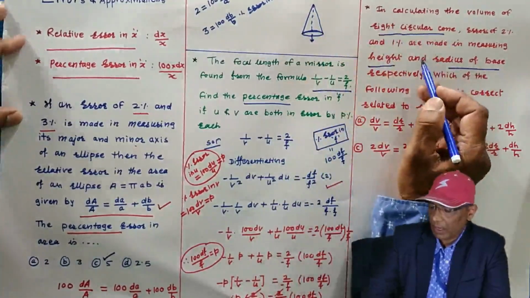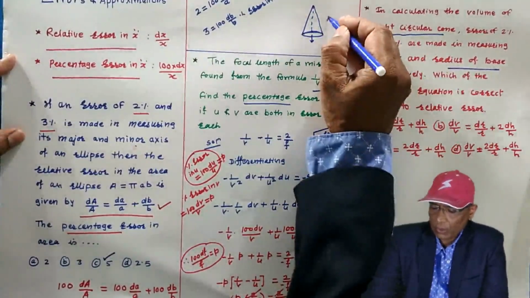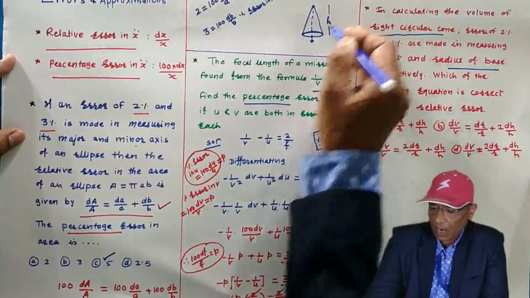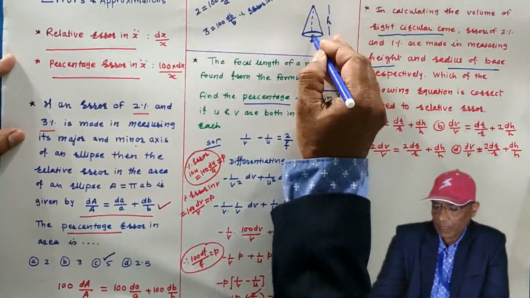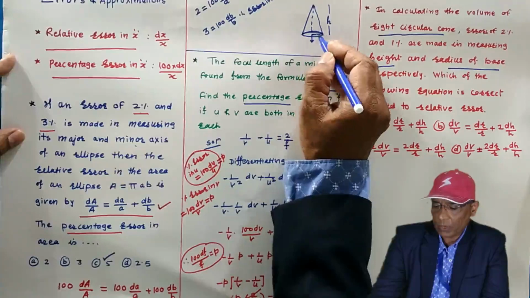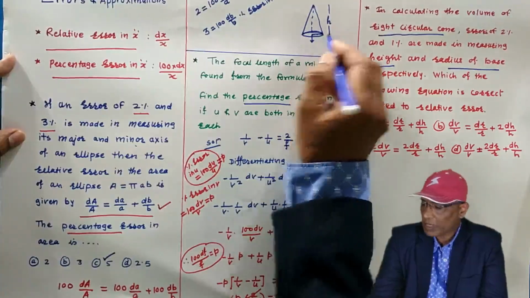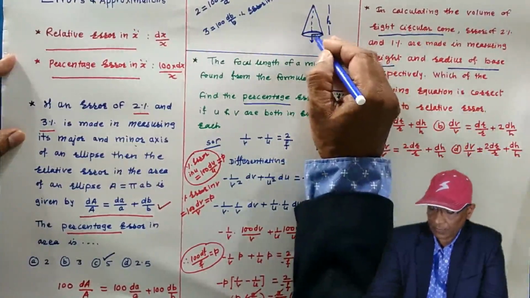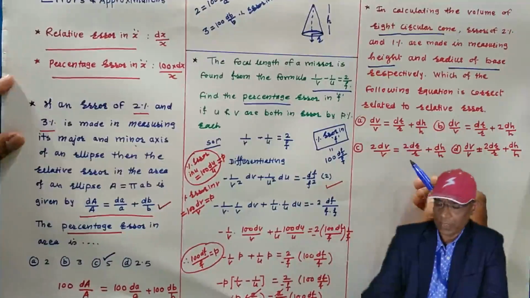Here the height of the cone is h and the radius of the base, which is a circle, is denoted by r. This is r and this is h.